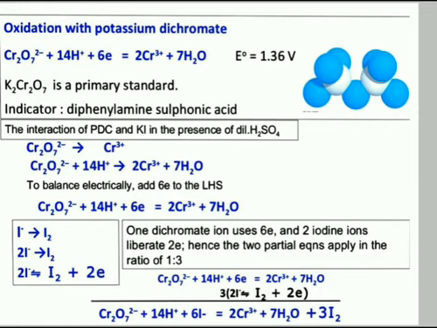So in this titration, we are titrating between potassium iodide solution and potassium dichromate in the presence of dilute sulfuric acid. If you see the other side of this equation, the iodide ion becomes an iodine molecule and gives 2 electrons. If two iodide ions combine and give one iodine molecule, it gives 2 electrons.